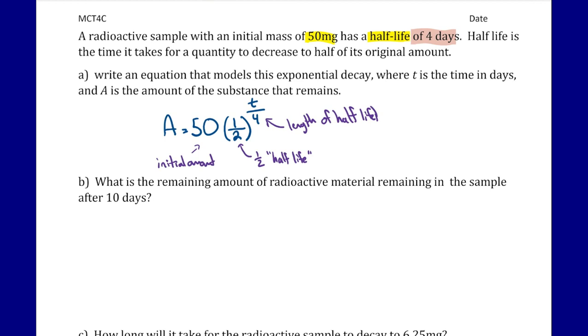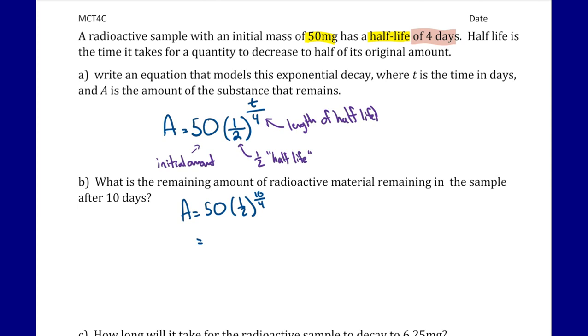What is the amount of radioactive material remaining in the sample after 10 days? So here it's going to do the same thing, except we have our t equal to 10. We take our formula, A equals 50 times 1/2 raised to the power of 10 over 4.